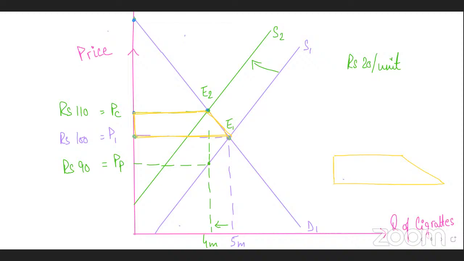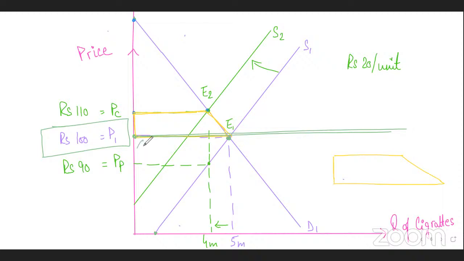Now, what was the producer surplus previously? Producer surplus was the area above supply and below price. This was the price that producers were previously receiving. This was the original price. Any confusion about it, students? So below price and above supply.